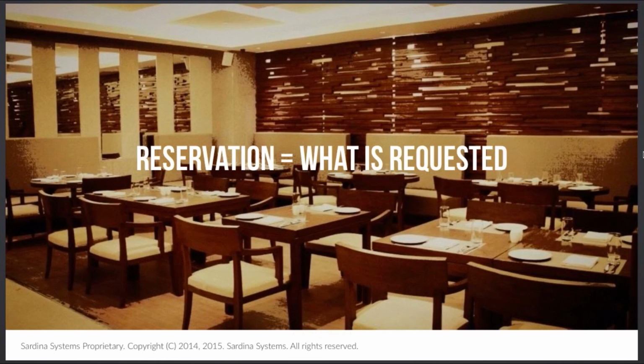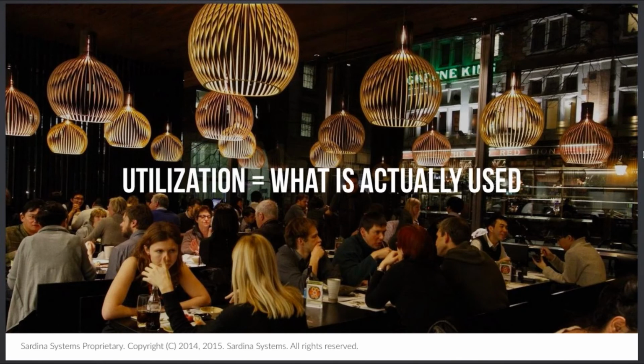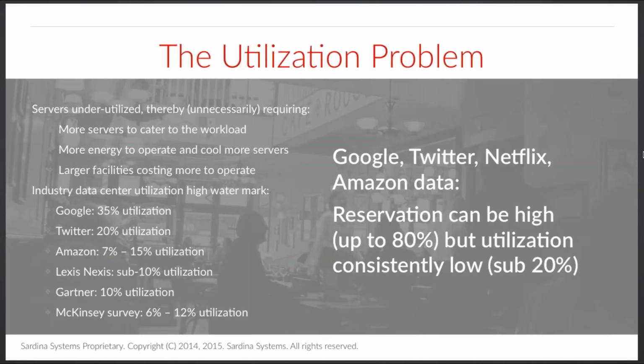First, reservation is about what is requested. Utilization is what's actually used. As observed at some of the large sites, reservation could be up to 80%, which is high, but utilization remains consistently low at sub 20%.